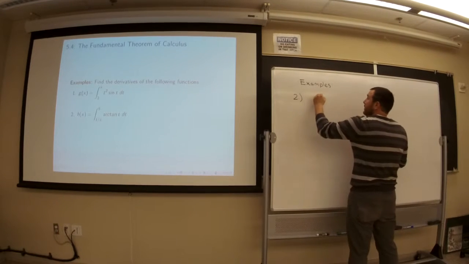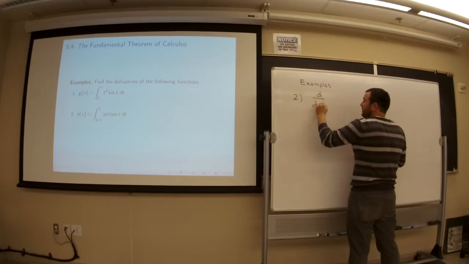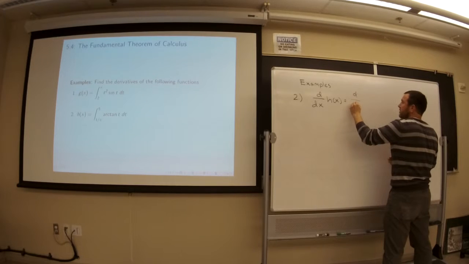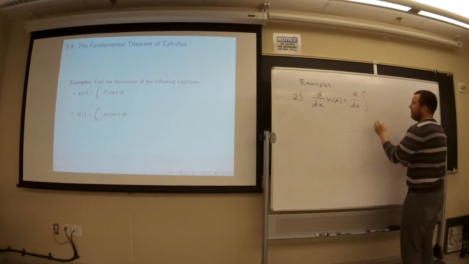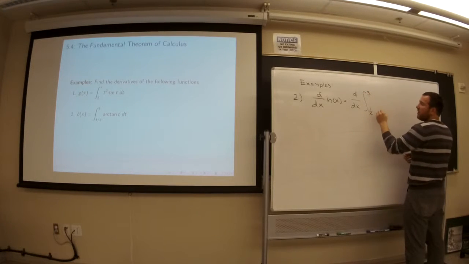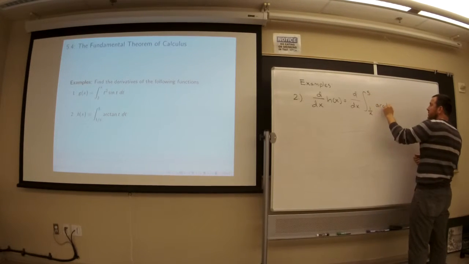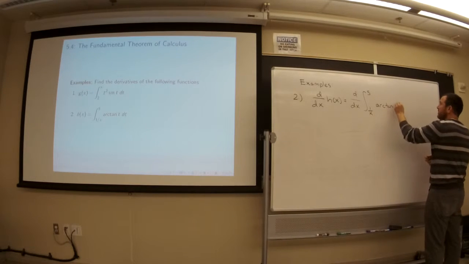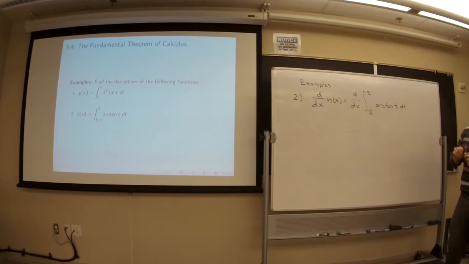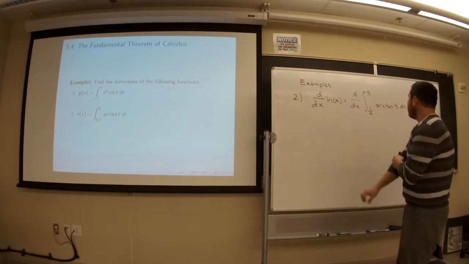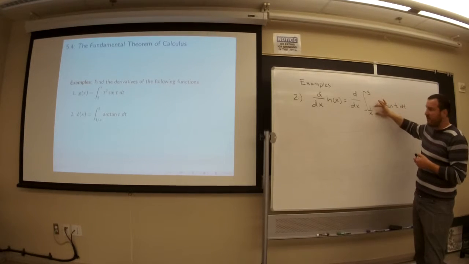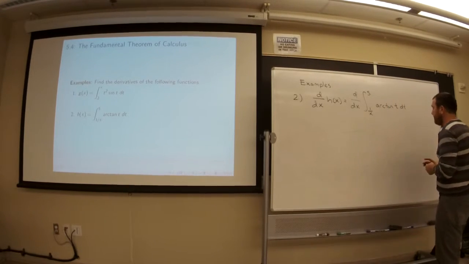We're looking for, again, d dx of h of x, which will be d dx of the integral from 1 over x up to 5 of arctangent of t dt. So this one's a little bit strange. We don't have the variable as the top limit of integration, and we don't even just have a variable. We have another function as that bottom limit of integration.